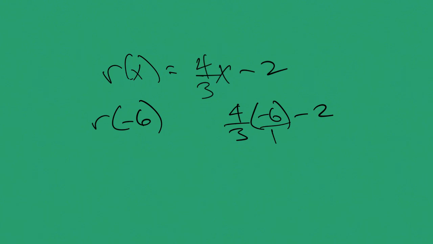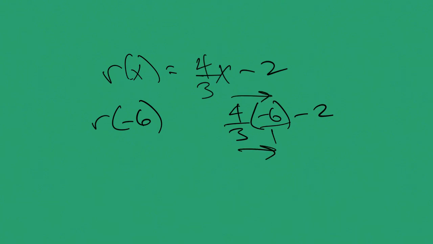That way you're looking at basically 2 tops and 2 bottoms, 2 numerators, 2 denominators, okay? Because for some people this could get kind of messy, okay? So 4/3 times negative 6 over 1. Guys, when you multiply fractions together, it's across the top, across the bottom.